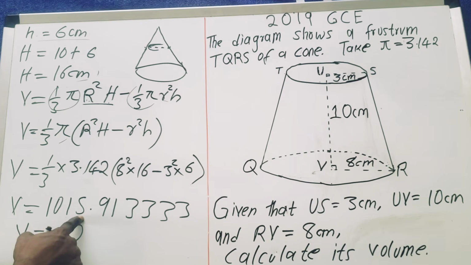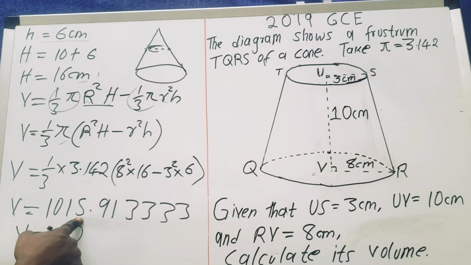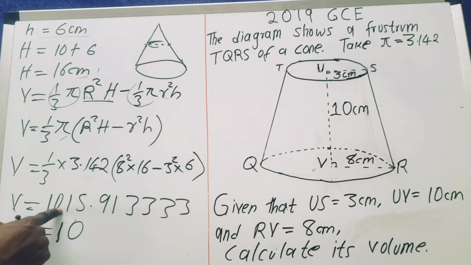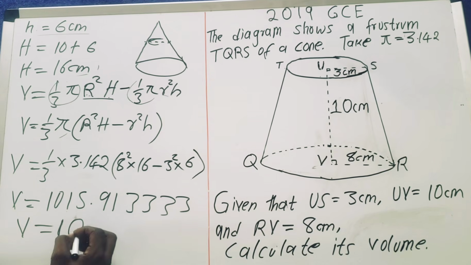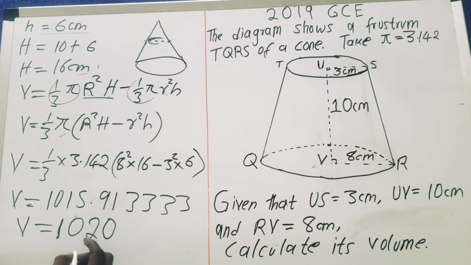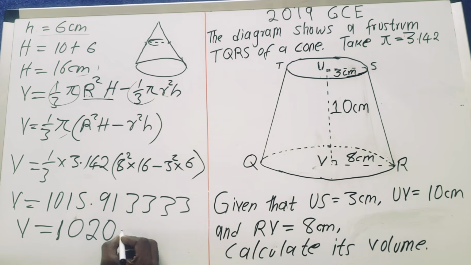So we consider this number, whether it is 5 or greater than 5. If it is 5 or greater than 5, we get 1 and add here, then this will become 0. So adding 1 to this one, this will be 2, and here we'll have 0. The point is here, so all this becomes 0.